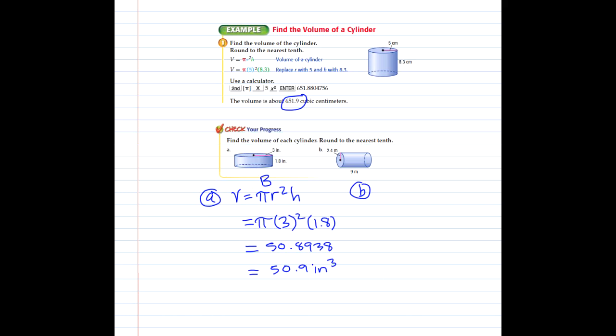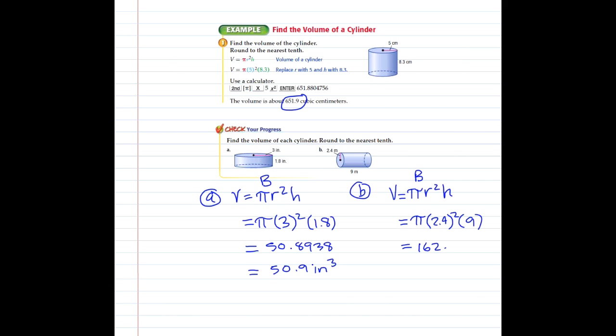Example B. Volume equals pi r squared times the height. Again, pi r squared is the area of the base. So it's pi times my radius, which is 2.4, squared, times my height, which is 9.